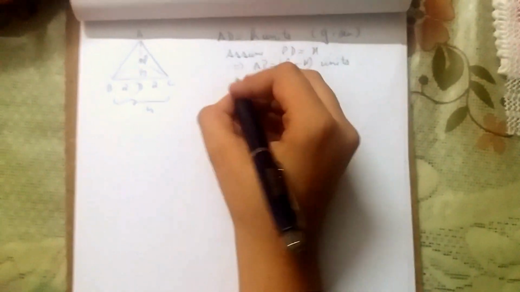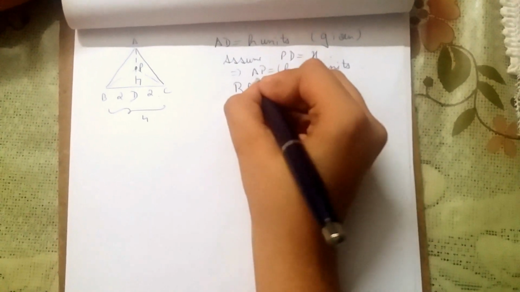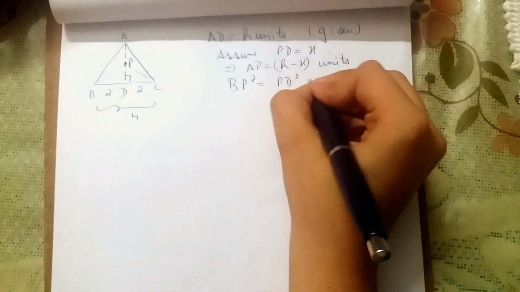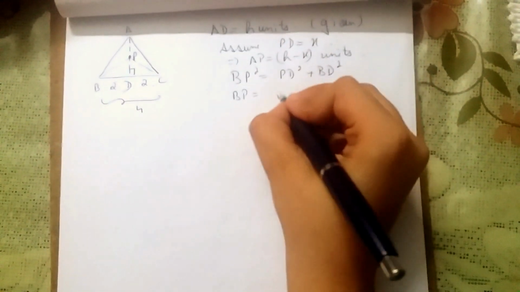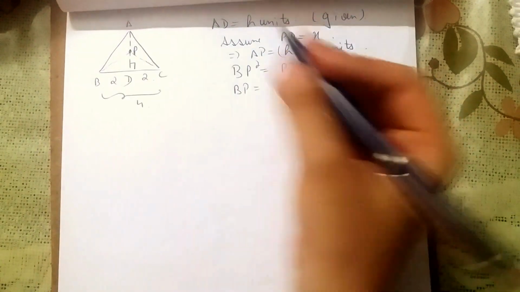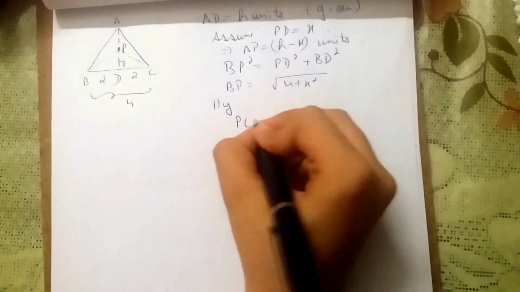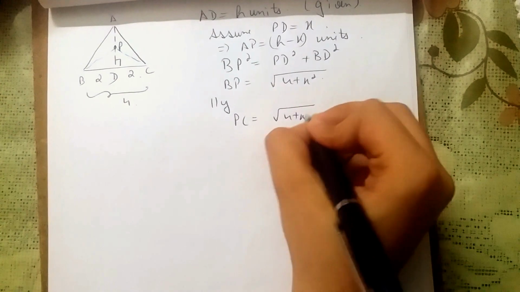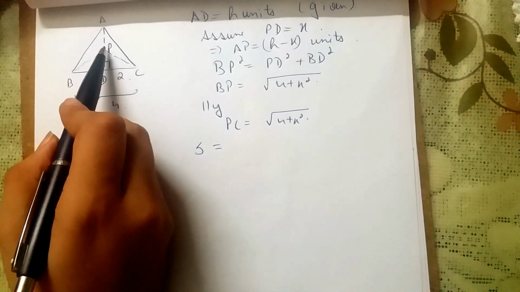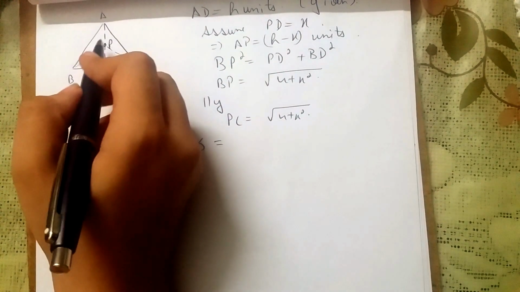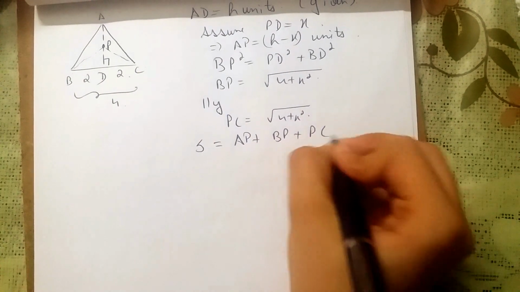And if we need to find BP and PC, BP square will be equal to PD square plus BD square. BP will be equal to root of 4 plus x square. Similarly, PC will be equal to root of 4 plus x square. Now we need to find the sum of distances of point P from the 3 vertices, which implies AP plus BP plus PC.